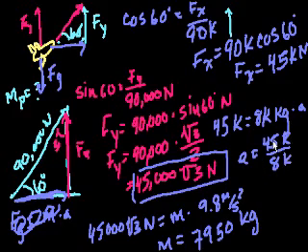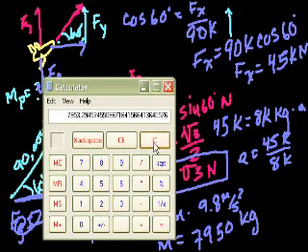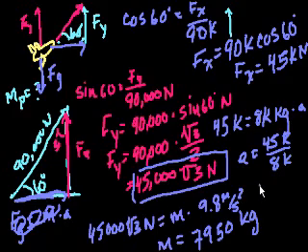I'm just writing k instead of 3 more zeros. And 45 divided by 8 is what, like 5.625? Let me get the calculator, get an exact number, although we are rounding. So we have 45 divided by 8 is equal to 5.625. So the acceleration in the x direction is 5.625 meters per second squared.